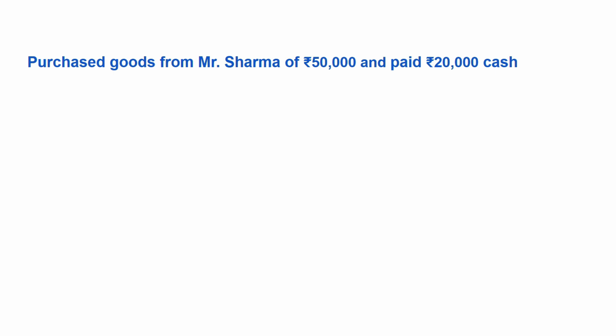But we have purchased 50,000 goods and paid only 20,000. Remaining 30,000 we have to pay Mr. Sharma. So Mr. Sharma's account also is included. So the three accounts are purchase account, cash account, and Mr. Sharma's account. Let's see. Purchase account is a nominal account, and purchase is an expense, so debit all expenses.